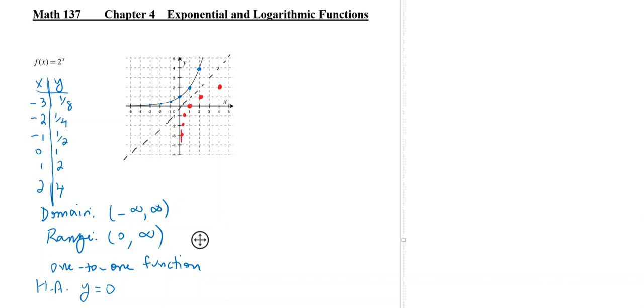So here's what the graph of the inverse function would look like. We can make a table for this inverse function, f inverse of x. Write the ordered pairs that go along with it, which are just switching the input and output from our original function f.